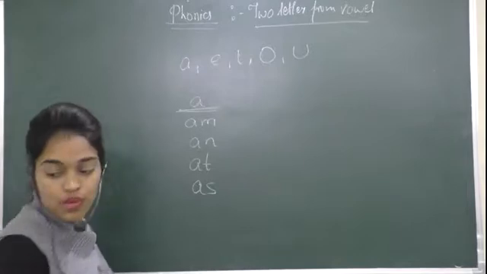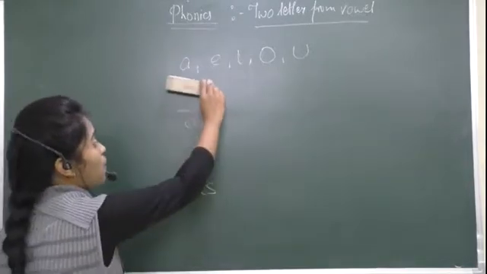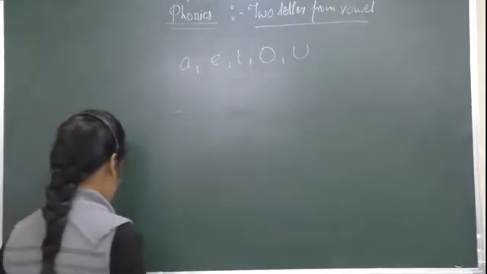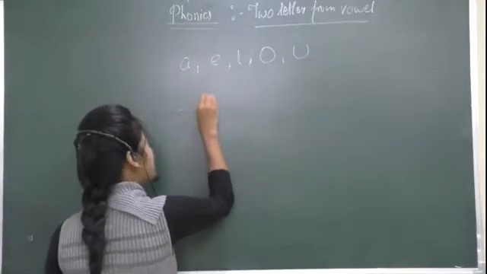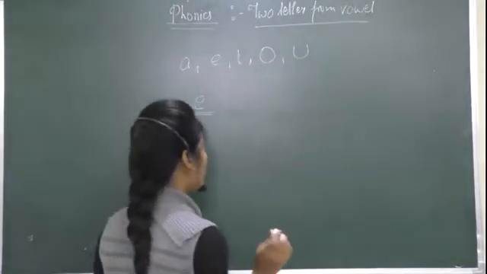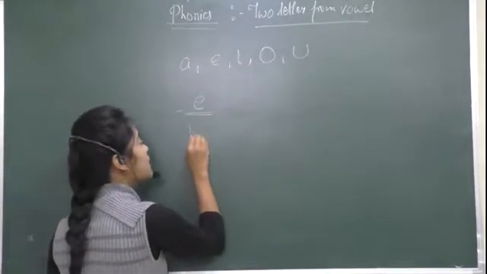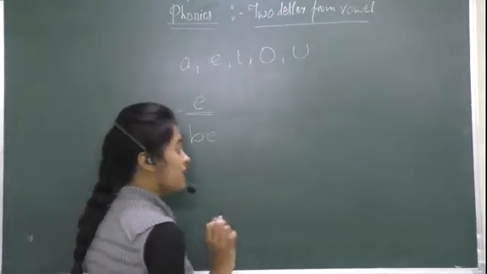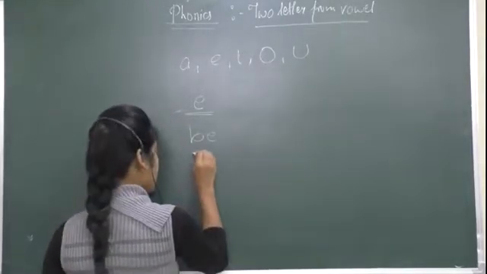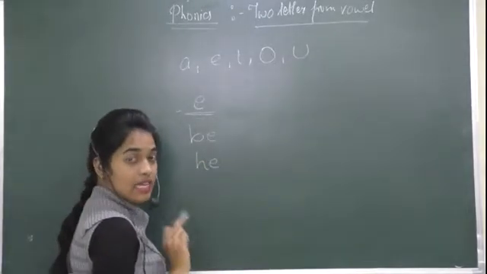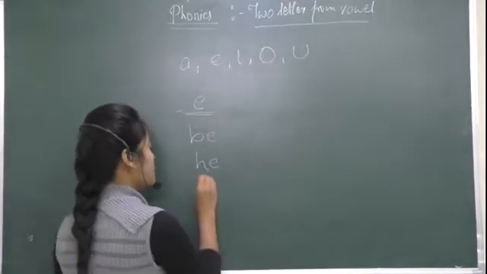Now we will move to our next vowel, that is E. What words can we make? B, E, be. H, E, he.